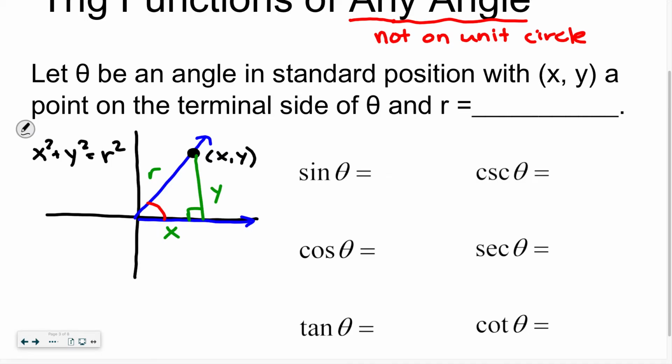But I would set it up, and of course I want to solve for r, so I'm going to square root both sides. r is the square root of x squared plus y squared. There is no property for splitting up this addition, so you can't do something like x plus y. That's what r is equal to: the square root of x squared plus y squared.